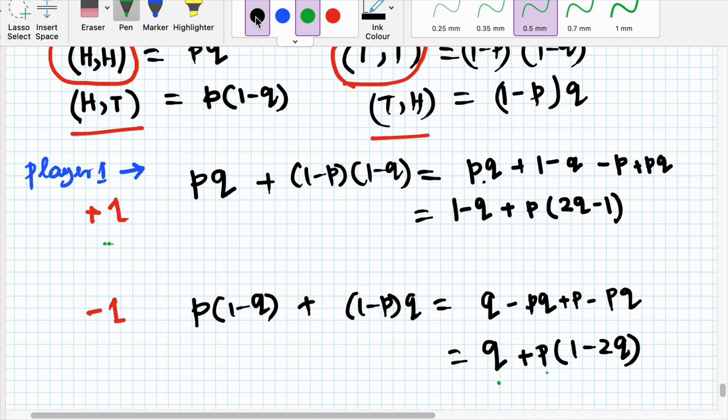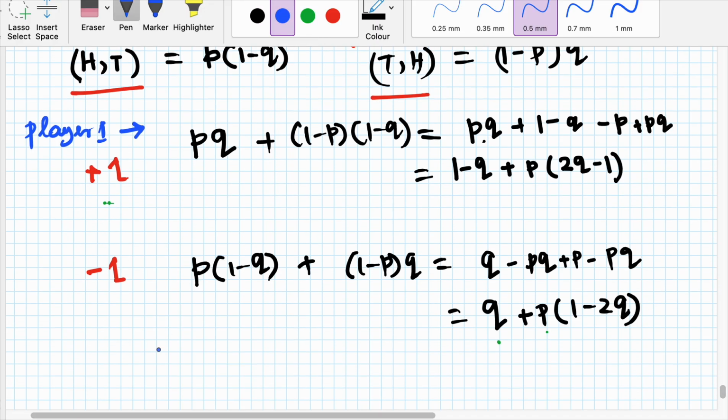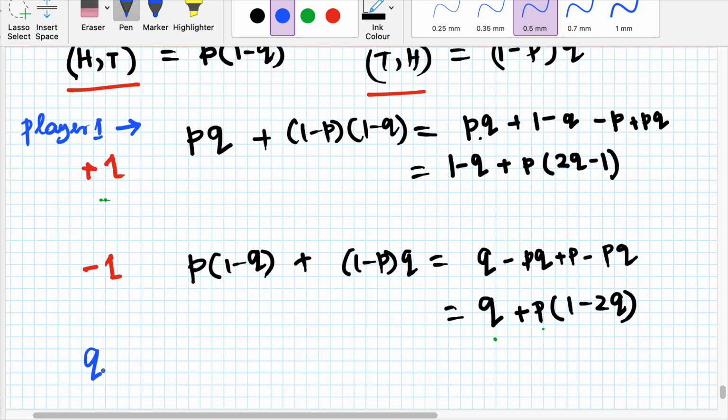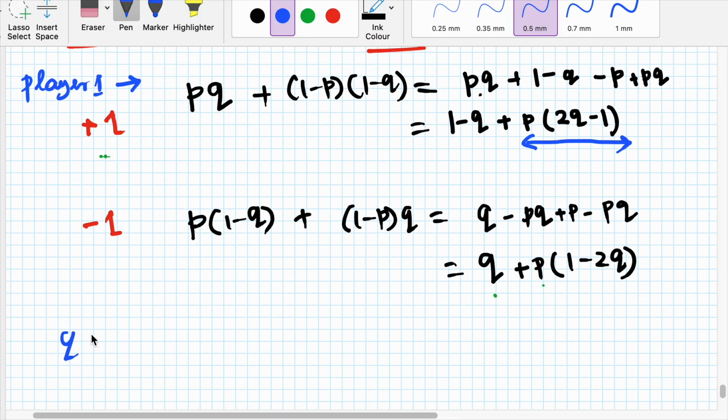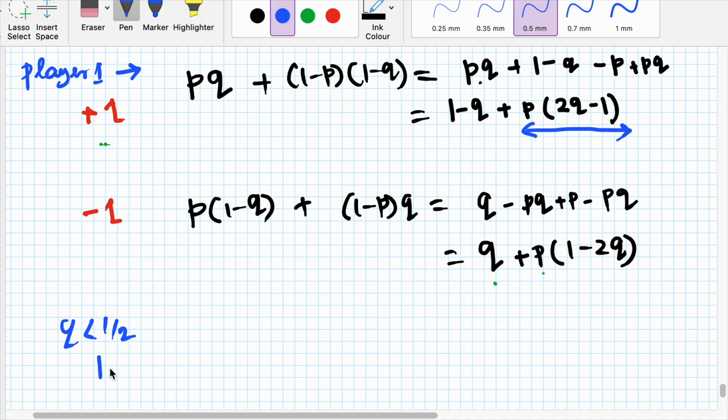So let us see one situation: if q is less than half, then 2q minus 1 is less than 0.